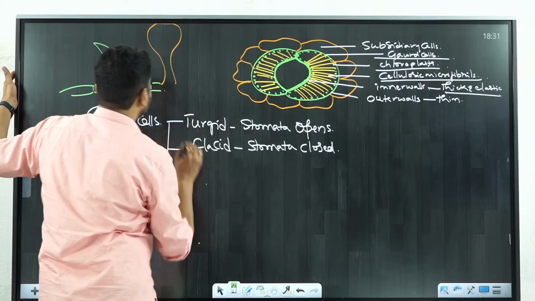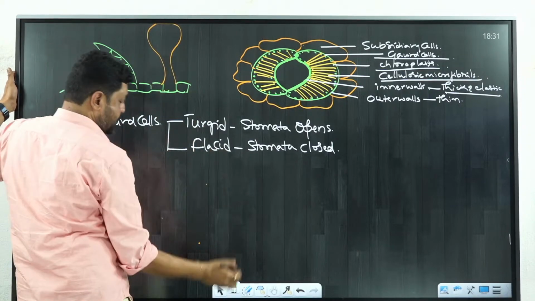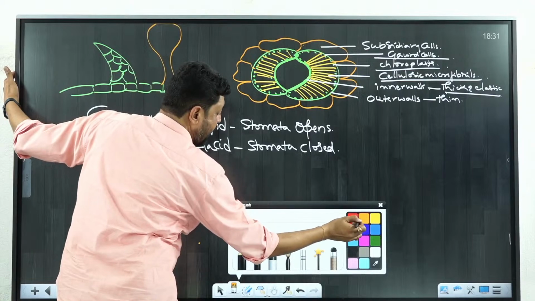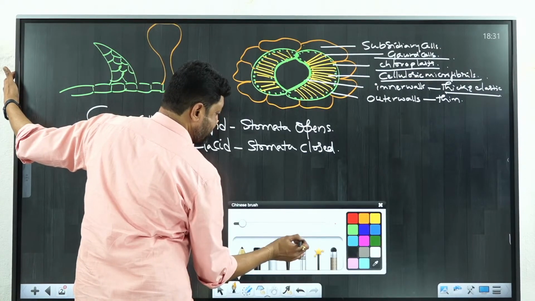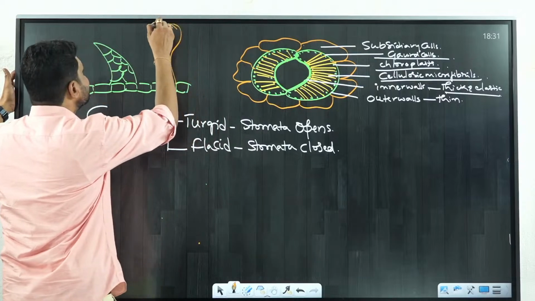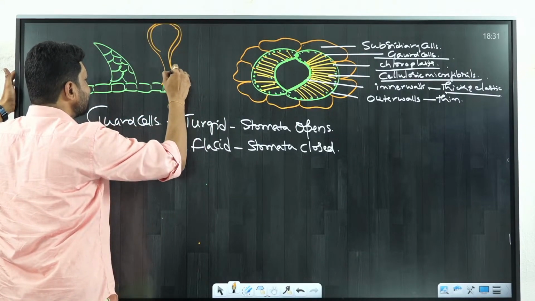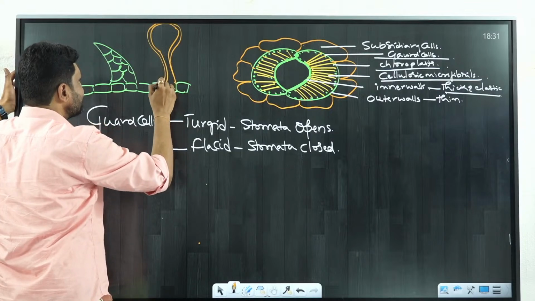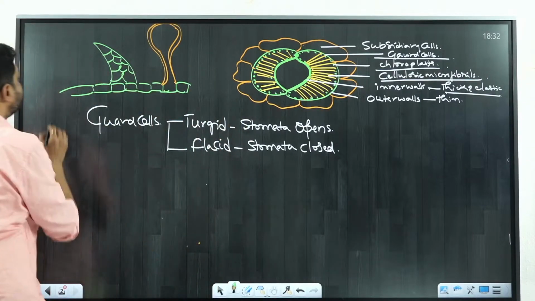Was it clear? Some trichomes may be branched.